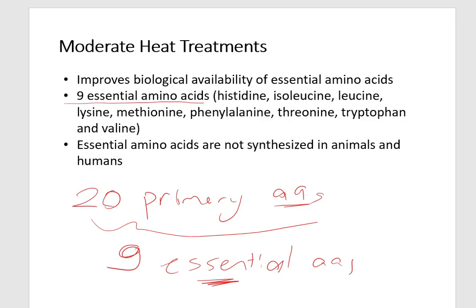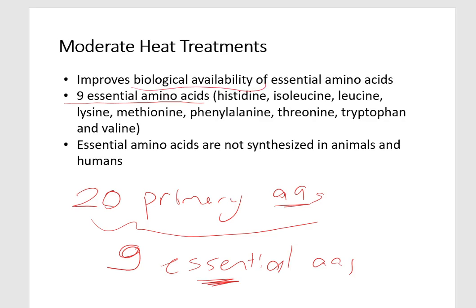So when you eat protein, it's broken down into amino acids. So they are the building blocks. These amino acids are used in various processes in the body, such as building muscle, regulating immune function. Okay. Since digestibility is improved with moderate heat treatment, the biological availability of these essential amino acids is improved.